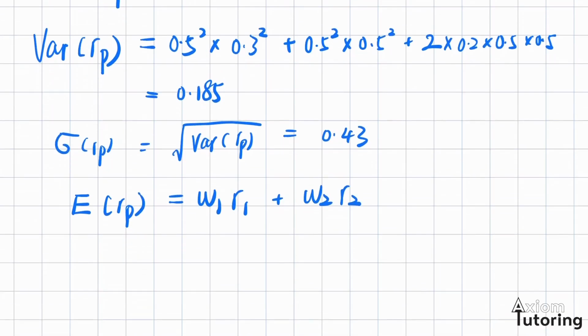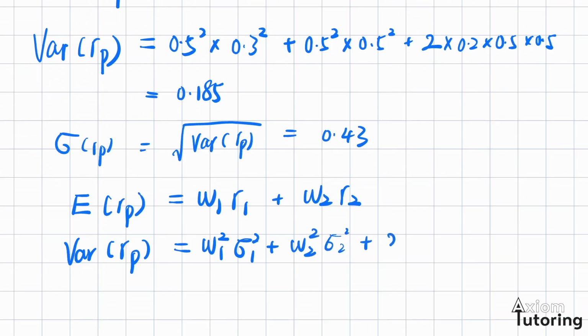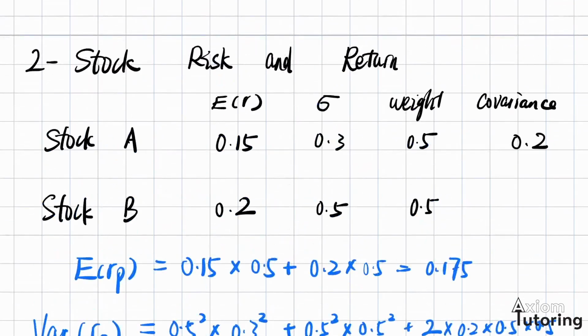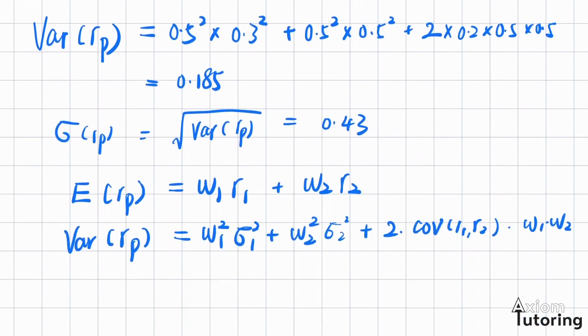And the variance for the return of the portfolio is going to be W1 squared sigma 1 squared plus W2 squared sigma 2 squared plus 2 times the covariance of R1 and R2, multiplied by W1 and W2. So if we have only two stocks and we're given similar information like this, then we can simply plug in the numbers into the equations here.